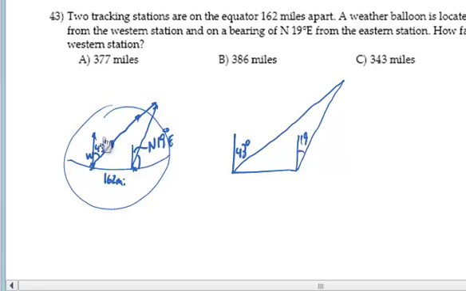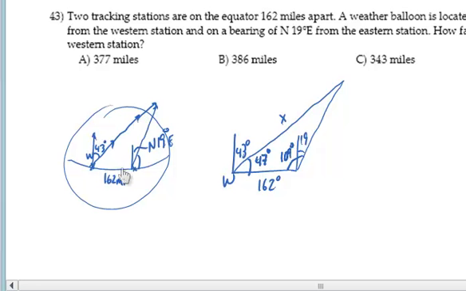If we know this side is 162 miles, how far is the balloon from the western station? We're looking for that distance. Because 43 plus that angle has to add up to 90, that's going to be 47 degrees, and this angle is 19 degrees greater than 90, which makes it 109 degrees.